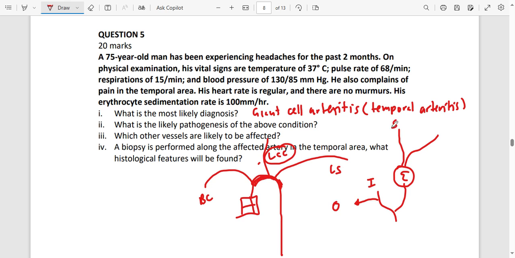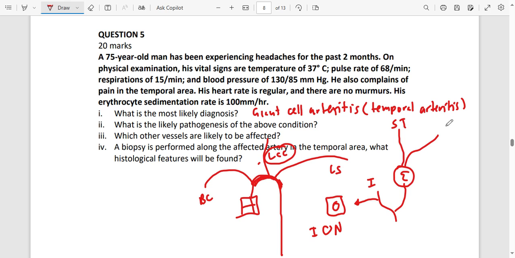This superficial temporal artery is the one that is going to be affected in this condition. If the ophthalmic artery is affected, someone is going to end up with ischemic optic neuropathy, because the eye will not be receiving blood, so there's going to be ischemia of the optic nerve.